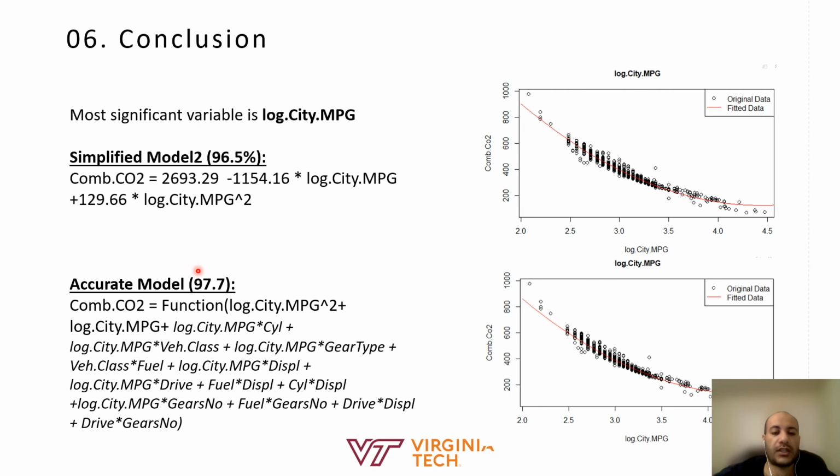It will give you 97.7%. However, this model over-predicts on the data set. So if we try to generalize this model and use it for other data sets that it wasn't trained on, it won't be as accurate as this one. So we can just discard this model completely and rely only on the simplified model 2.